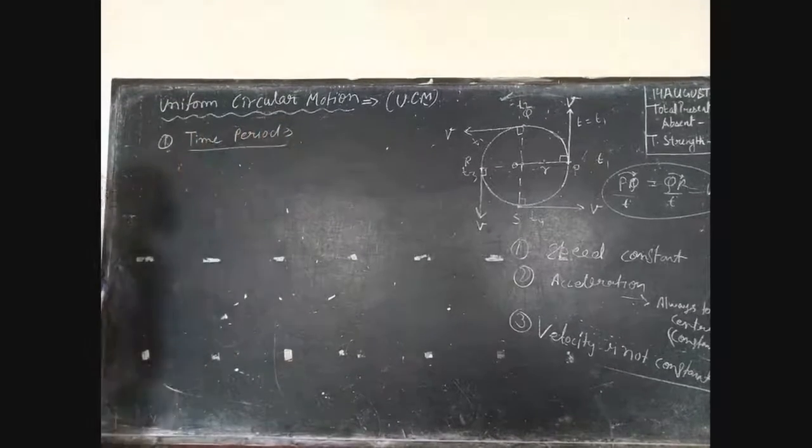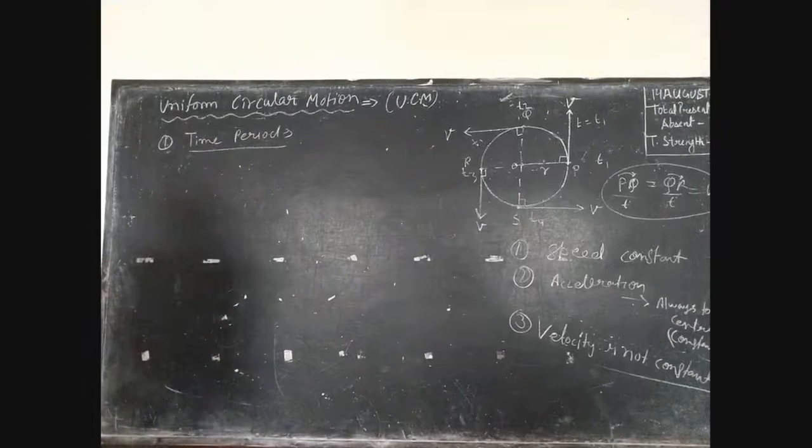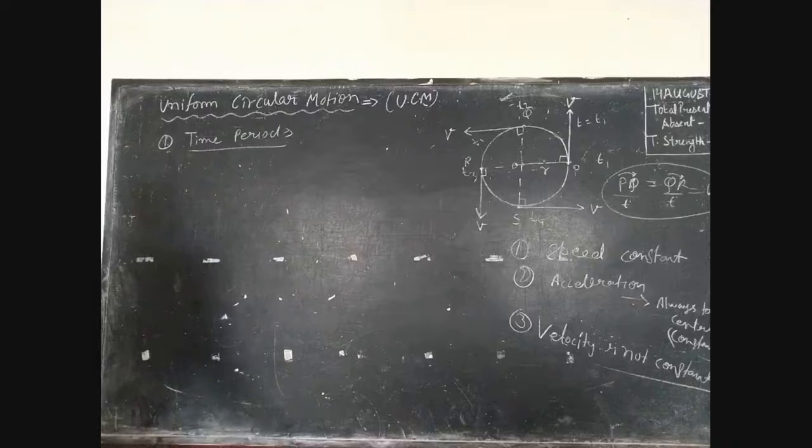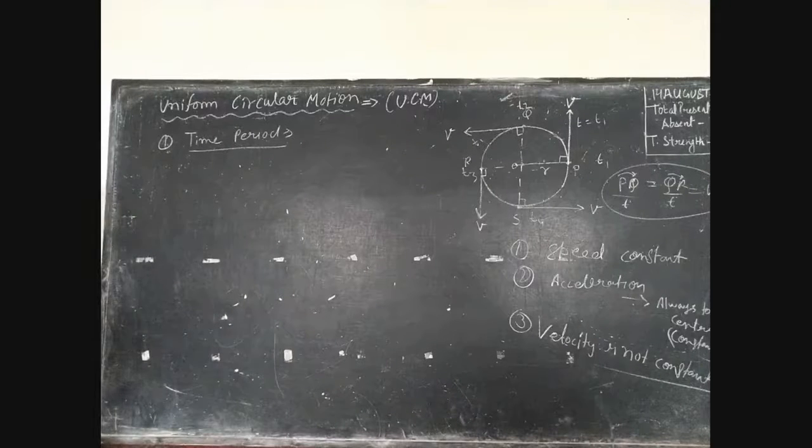This is the time taken by the particle to complete one rotation. The time period is defined as the time taken by the particle to complete one revolution of its circular path.